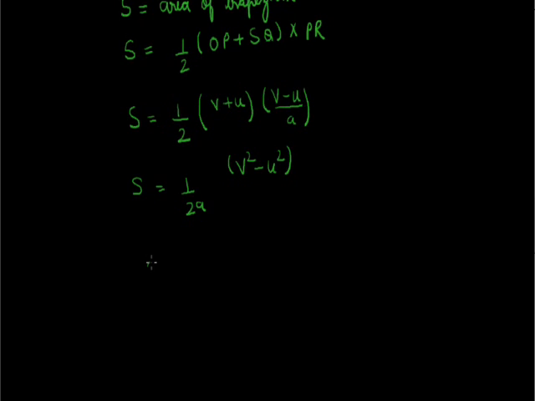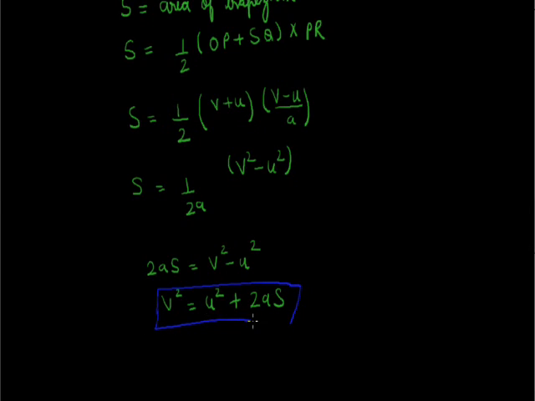On cross multiplying, we get 2as is equal to v square minus u square, and v square will be equal to u square plus 2as. That is the third equation of motion. So these are the three equations of motion which we have derived today by using graphs.